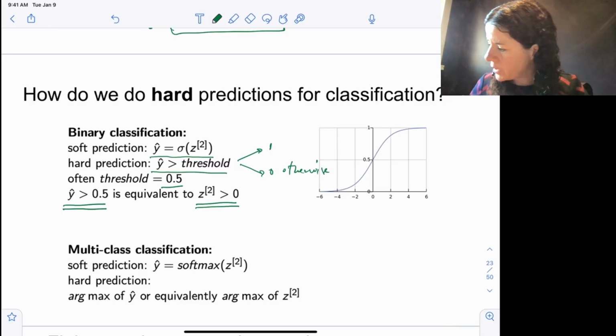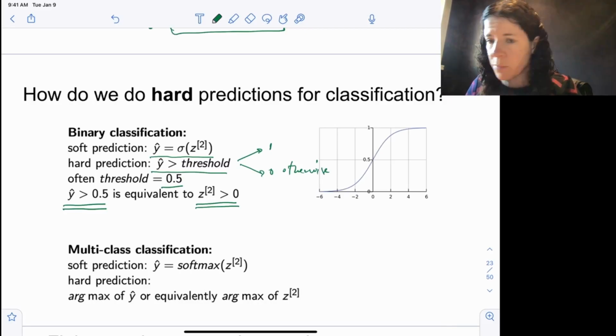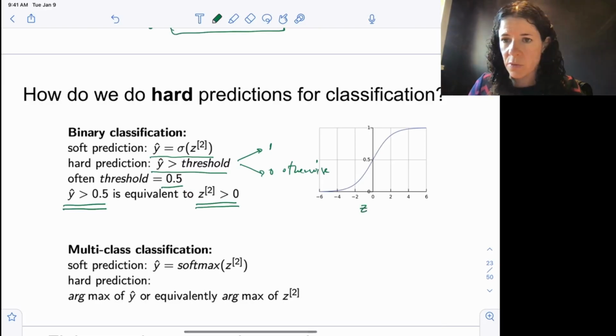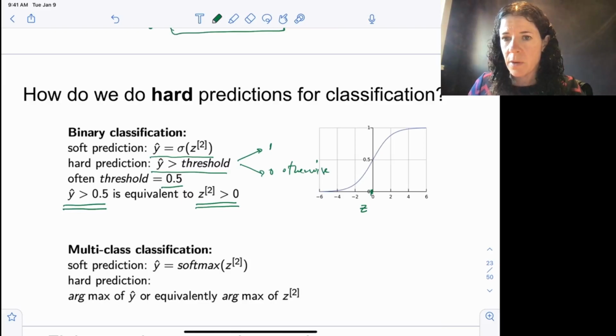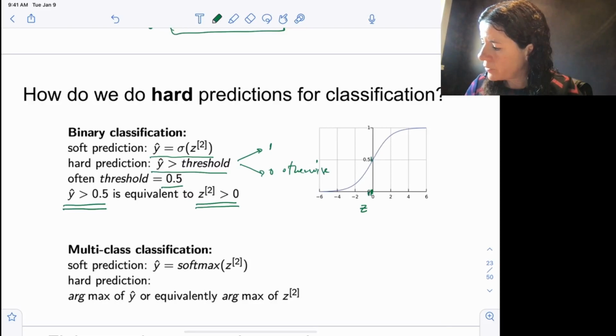Okay, so why is that? If you look here, this is the sigmoid function. Suppose I have my z or z2 here. If z or z2 is bigger than 0, sigmoid is going to take that number and make it bigger than 0.5, because at 0 we have 0.5.